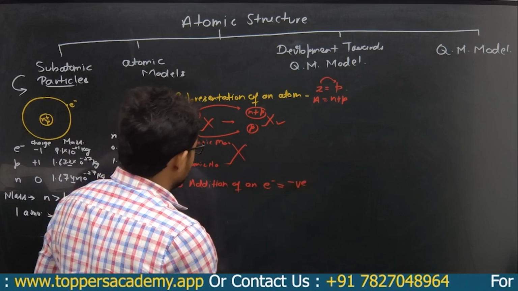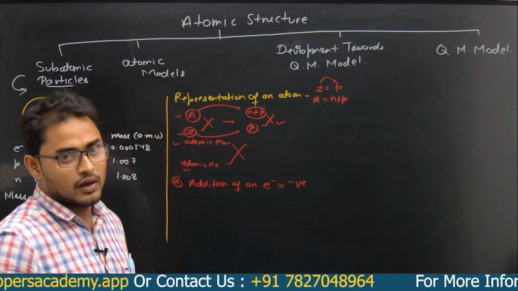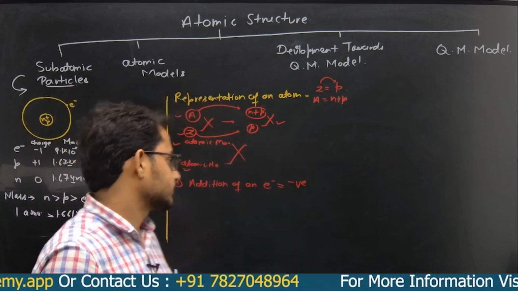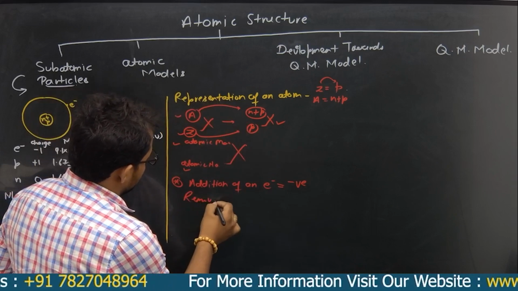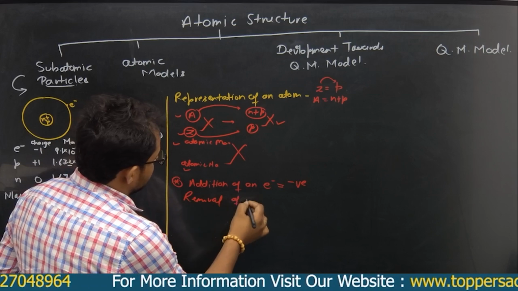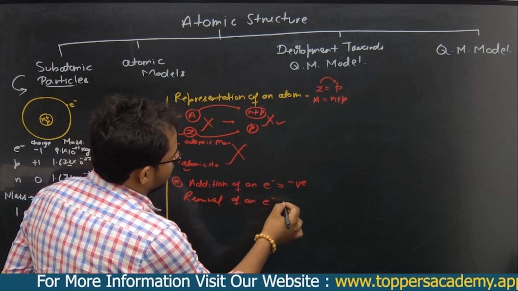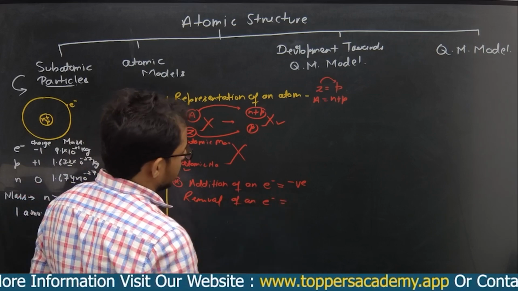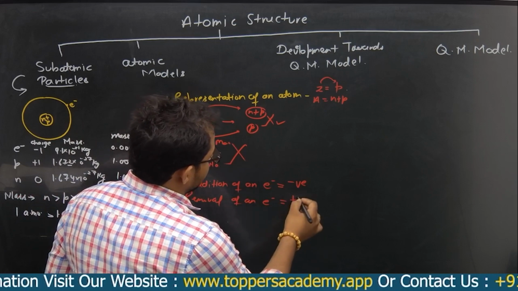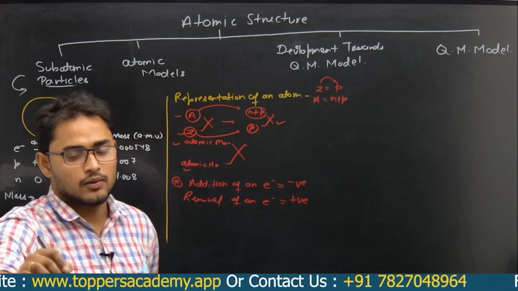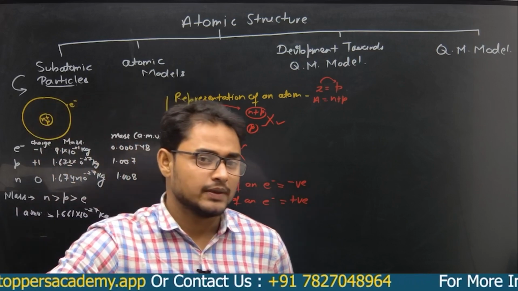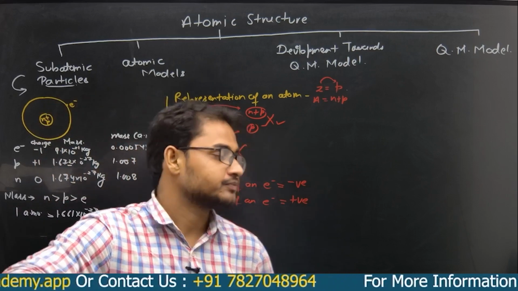Negative charge, that means the atom will now be an anion, right? And removal of an electron from the valence shell or from an atom leads to the formation of a positive ion. That means it will have a positive charge and it will be a cation, okay?